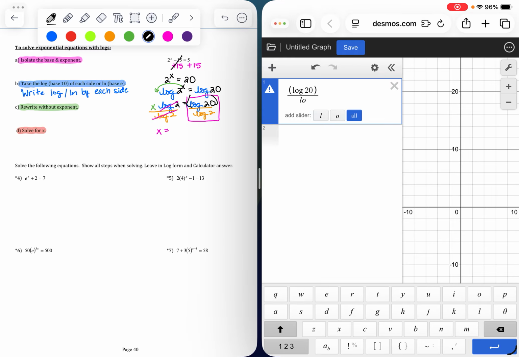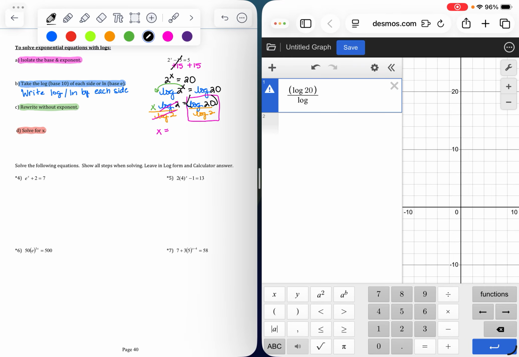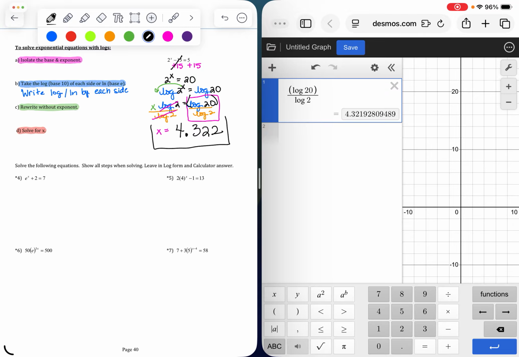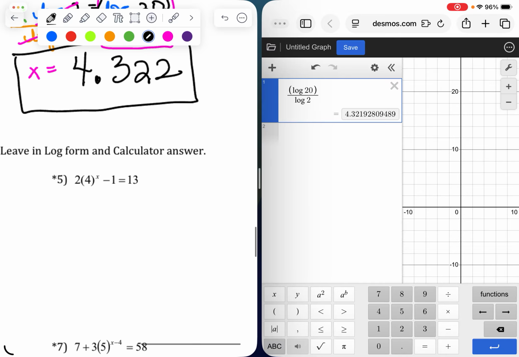Now you're going to write the word log by each side. So log 4 to the x power equals log 7. Now you do your power rule where you put this x in front. So x log 4 equals log 7.